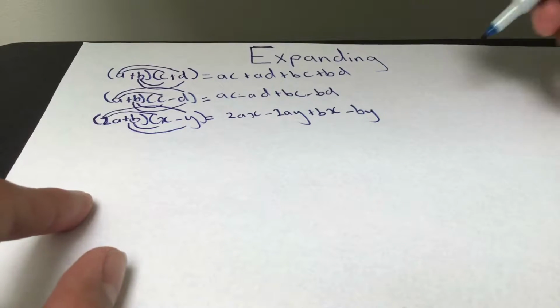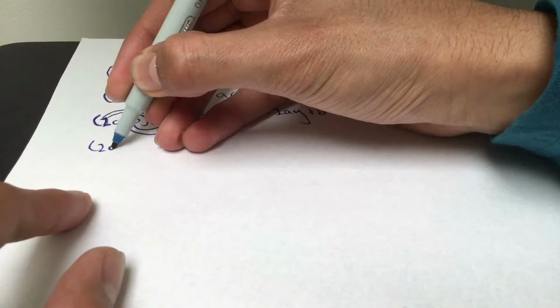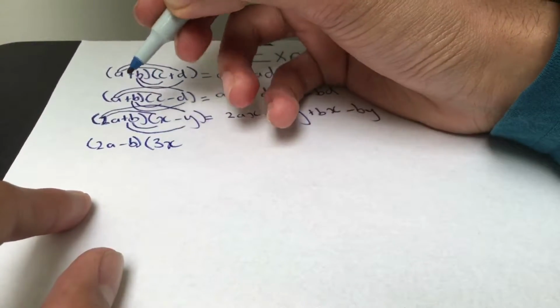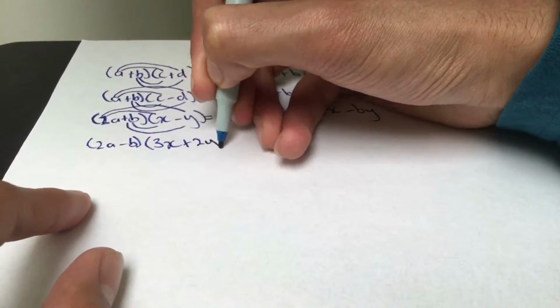So now let's move on to (2a - b)(3x + 2y).